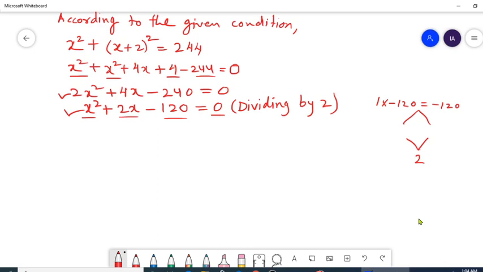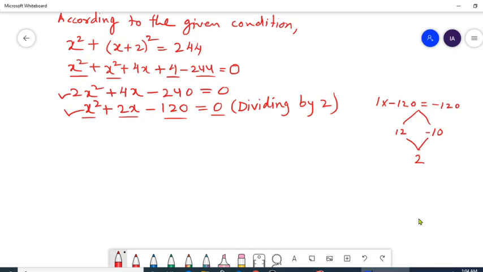So two factors can be 12 and 10. When you multiply them, you get 120, and when you subtract 10 from 12, you get 2. But here we need to take minus 10 and plus 12, so that you get a negative product of minus 120 and a positive sum of 2.